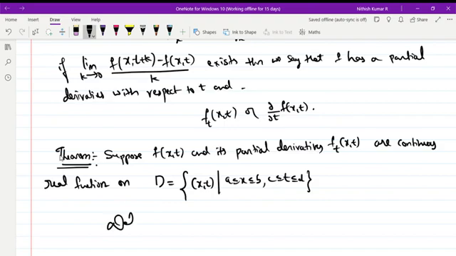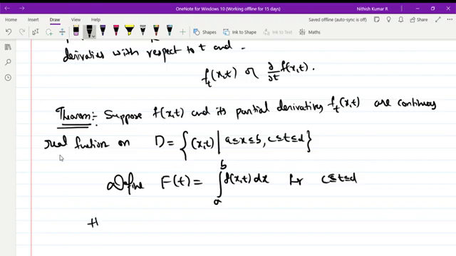Define capital F of t as integration a to b of f of x comma t dx, for each t between c and d.